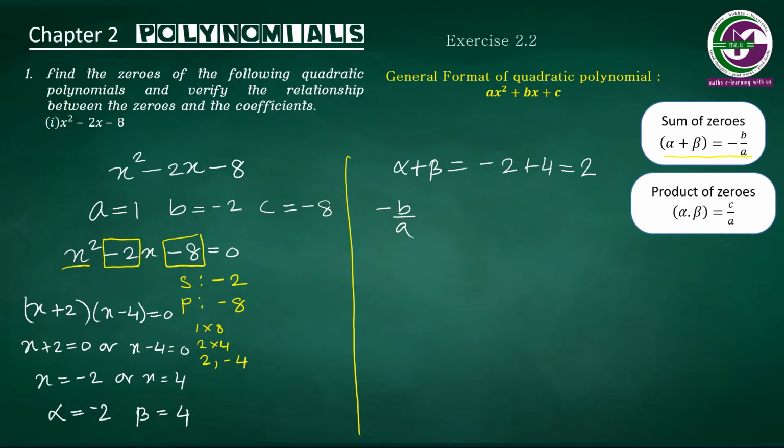So minus b by a equals, the value of b is minus 2, so already there is a negative, and the value of b is negative 2, so it is negative of negative 2 divided by a, which is 1. When two negatives come together, it is positive 2. 2 divided by 1 is 2. So both are the same. That means alpha plus beta equals minus b by a is verified.